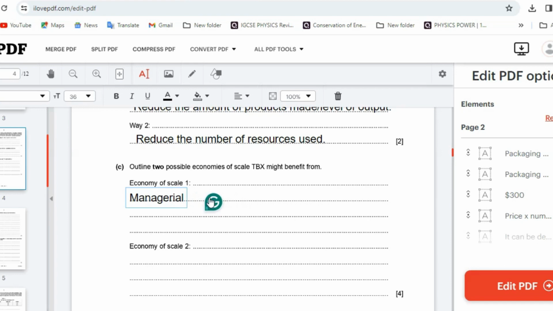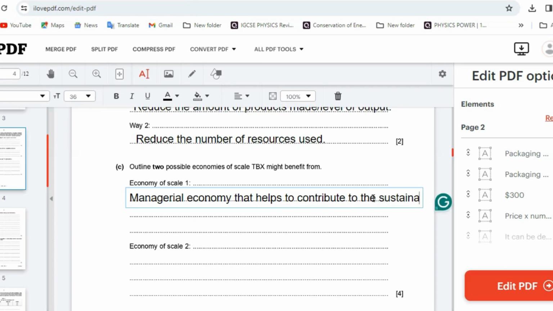Managerial economy helps to contribute to sustainable development.